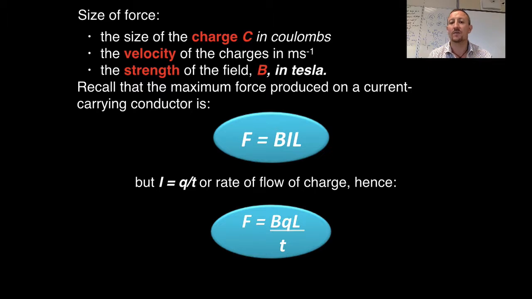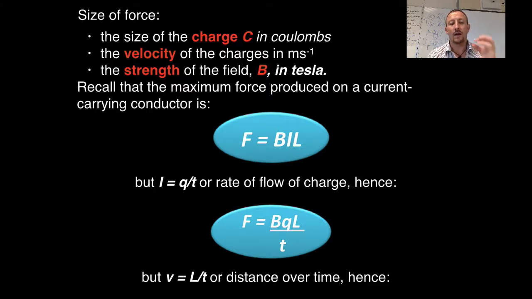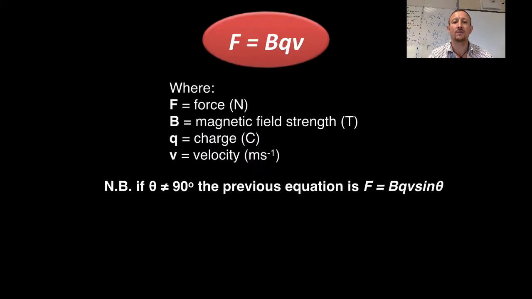But hang on a second, we know that length is a distance, and t is time. We've got distance over time, and that's the same as velocity. So as a result, we get the formula F equals the field strength times the charge times the velocity.